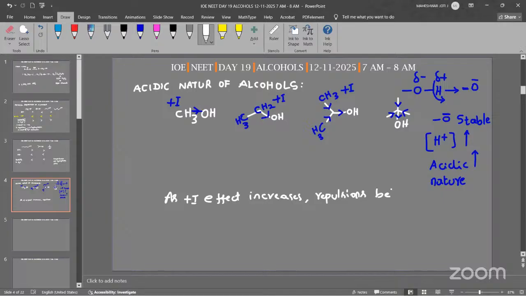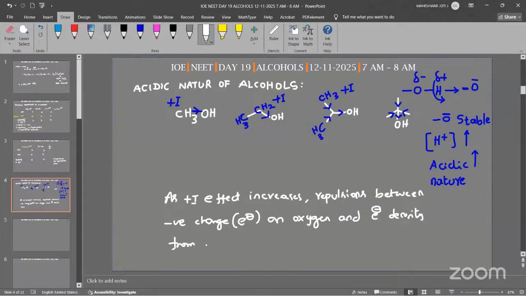Repulsions between the negative charge, nothing but electrons on oxygen, and electron density from alkyl groups increases.